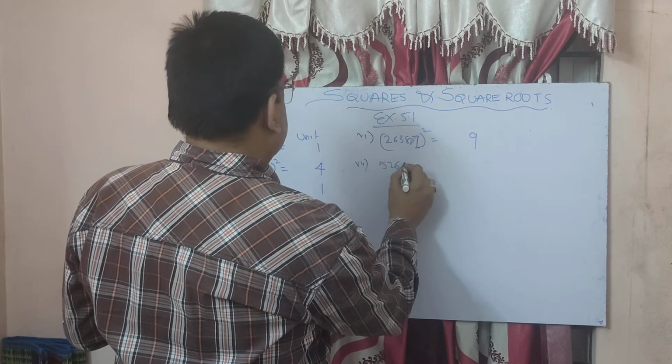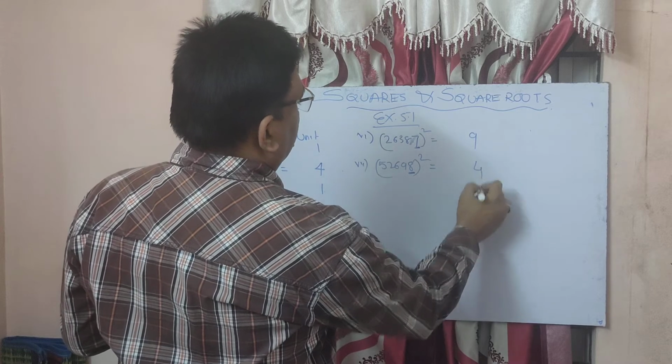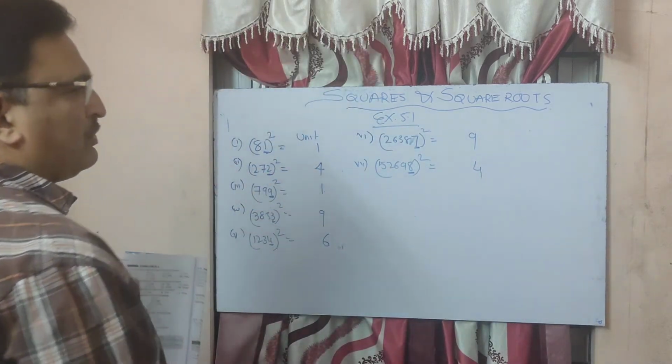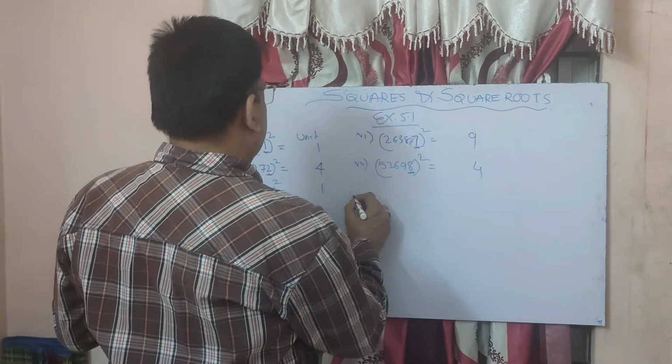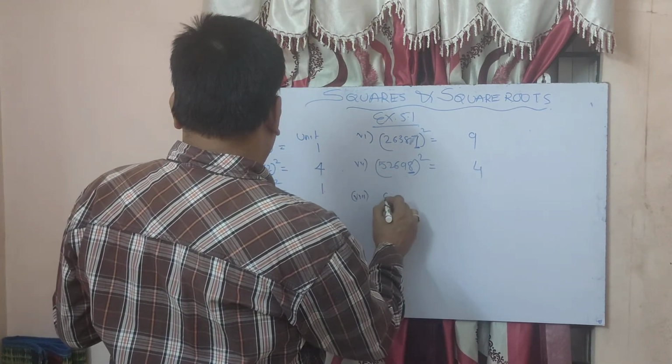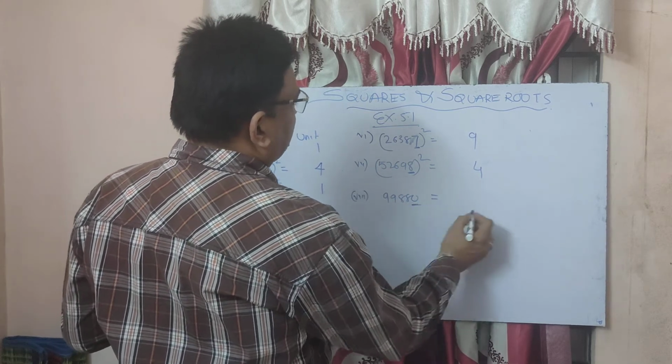52698. What is the square of the last number? 4. Next number, 99880. What will be the unit digit?